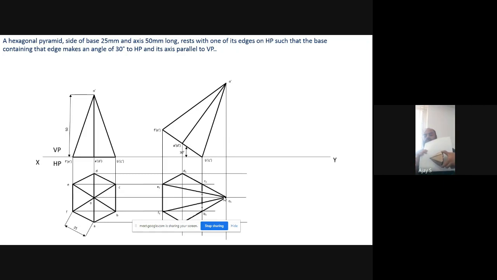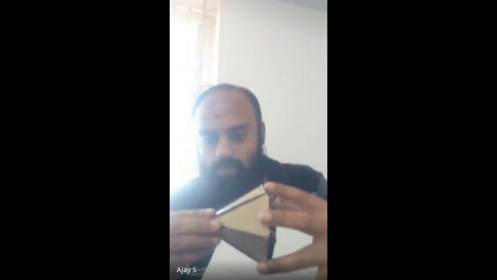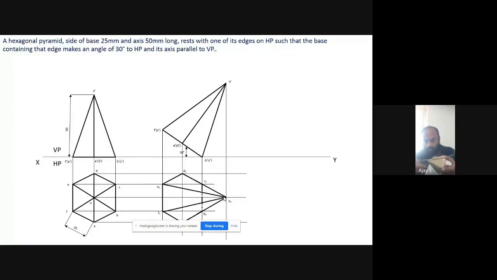You see like this. When it is like this, you are able to see this face and this edge. This blue mark which I've drawn, you are able to see. You are able to see this, and this, right?